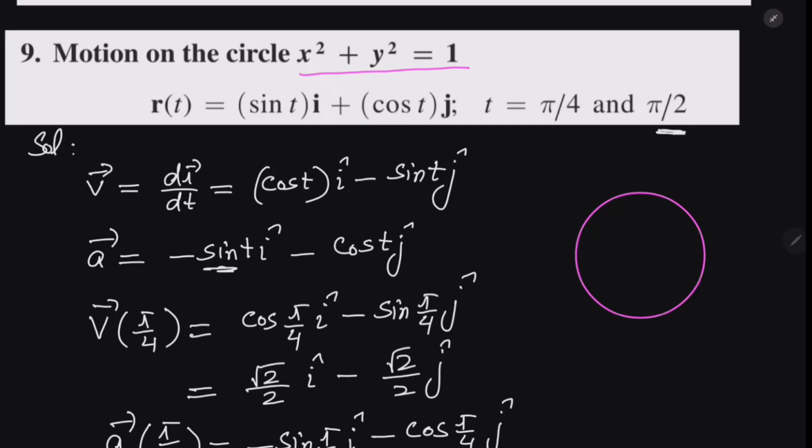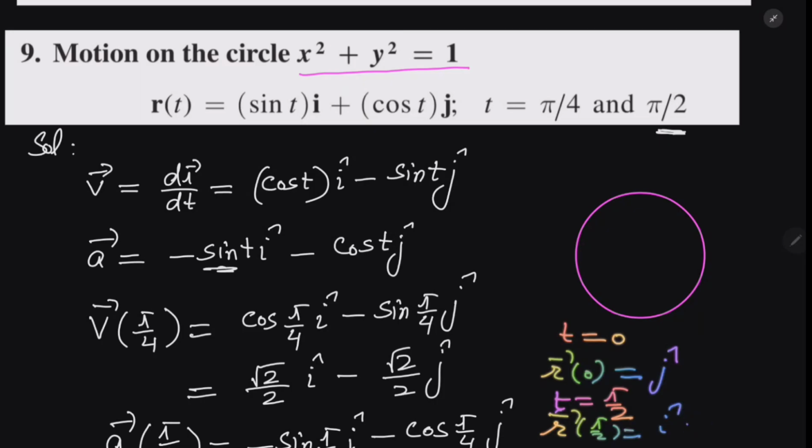What is the orientation? When we have sine t in the first place, you can put some values. For example, when t is equal to 0, r of 0 is sine 0 is 0, cos 0 is 1, you get j. Then you put t is equal to pi by 2.